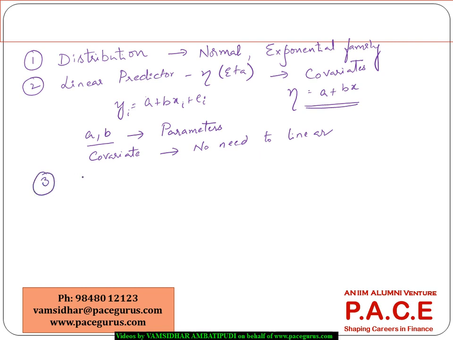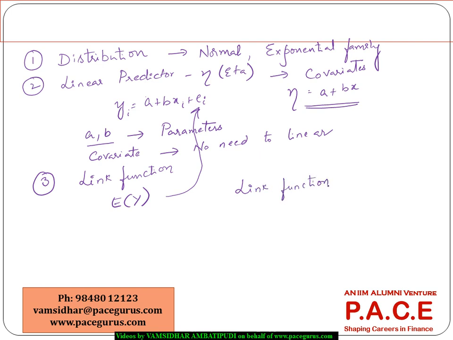We'll talk about them in slightly more detail. Along with that, I also need a link function, which will connect the mean response to the linear predictor. So what connects the mean response to the linear predictor is what we call the link function.